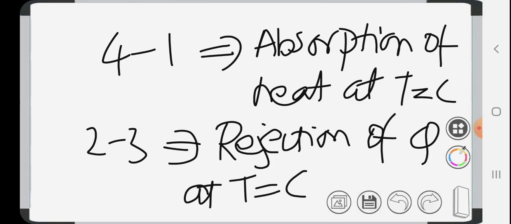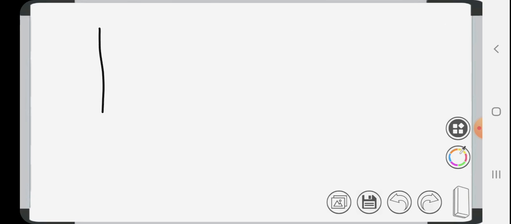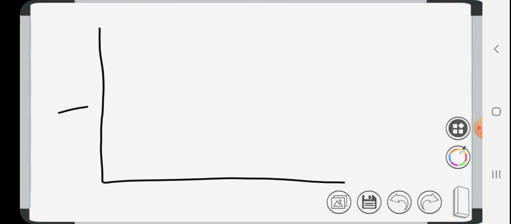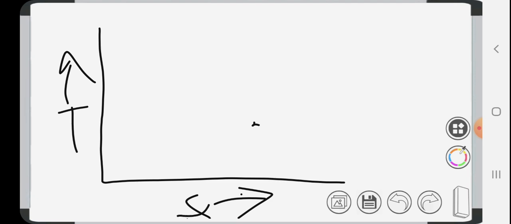In case of reversible adiabatic expansion and compression, there is no heat transfer. Okay, so I will draw these four processes in a temperature-entropy diagram. 1 to 2 is reversible adiabatic, which means an isentropic process, so entropy remains constant.